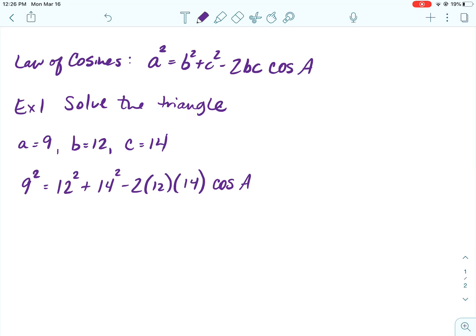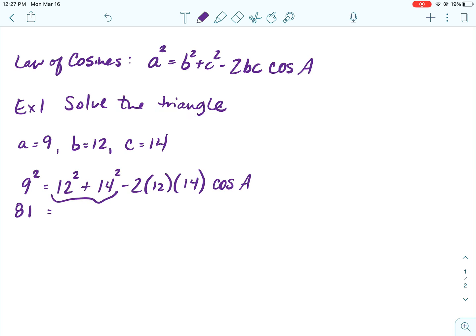Now sometimes on the ACT, I see them stop right here, and then this is the choice that you pick. The challenge exam, I think they're going to have you do a few more things. So what we're going to do eventually is solve this for A. This is going to take a little bit of time.